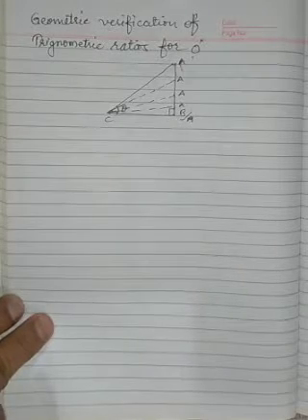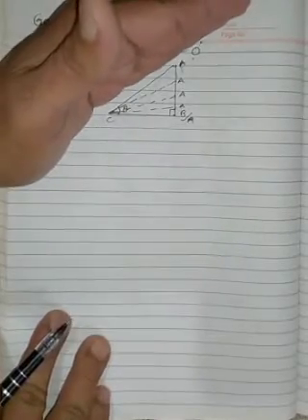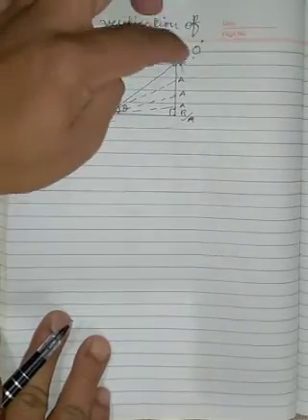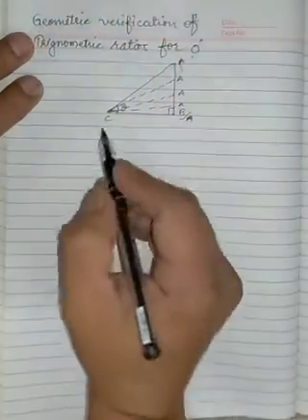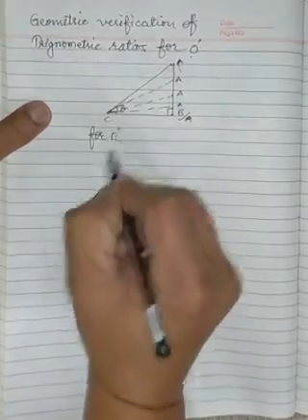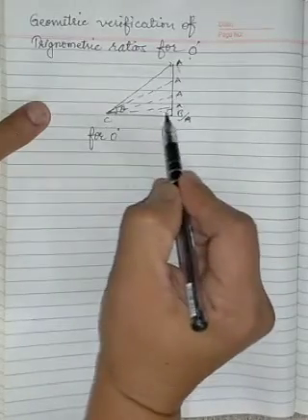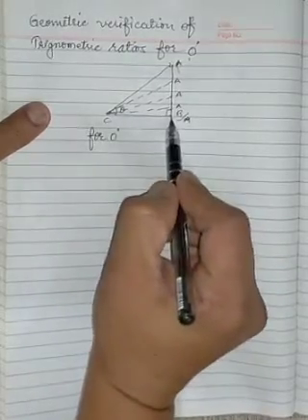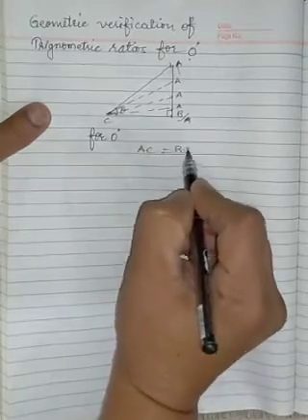In the attempt of making angle theta equal to 0 degree, when the arm AC comes down, the point A will coincide with point B. In that case, for 0 degree, the arm AC will coincide with arm BC, so AC will become equal to BC.